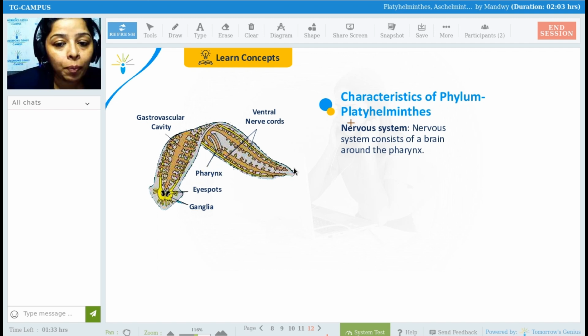So Platyhelminthes have a ladder-like nervous system.